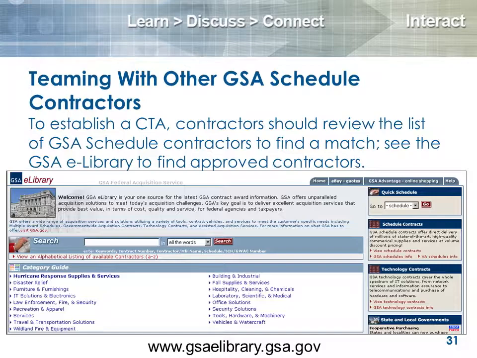So if our intention is to do a team arrangement using vendors off of different schedules, when we issue the RFQ, we would list all of the schedules and the appropriate special item numbers from those schedules within the RFQ and give the indication by saying that the government will encounter or will allow for team quotes to come in.